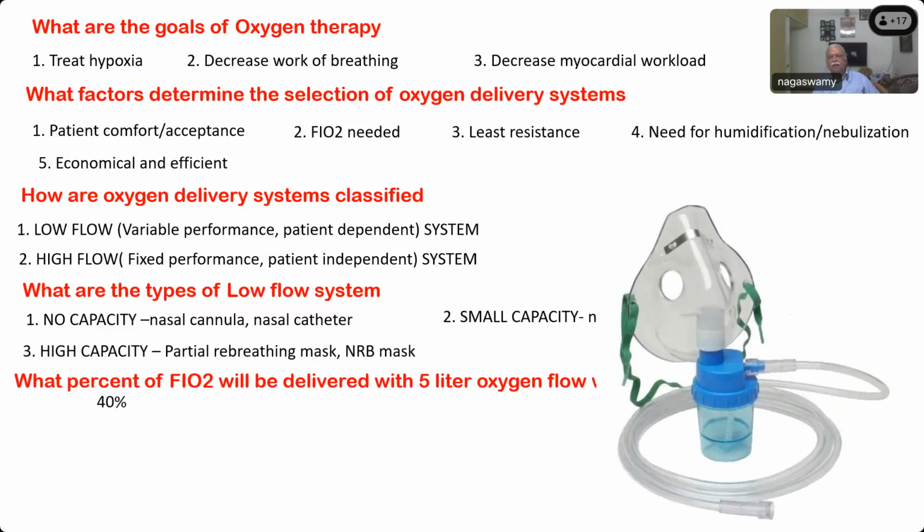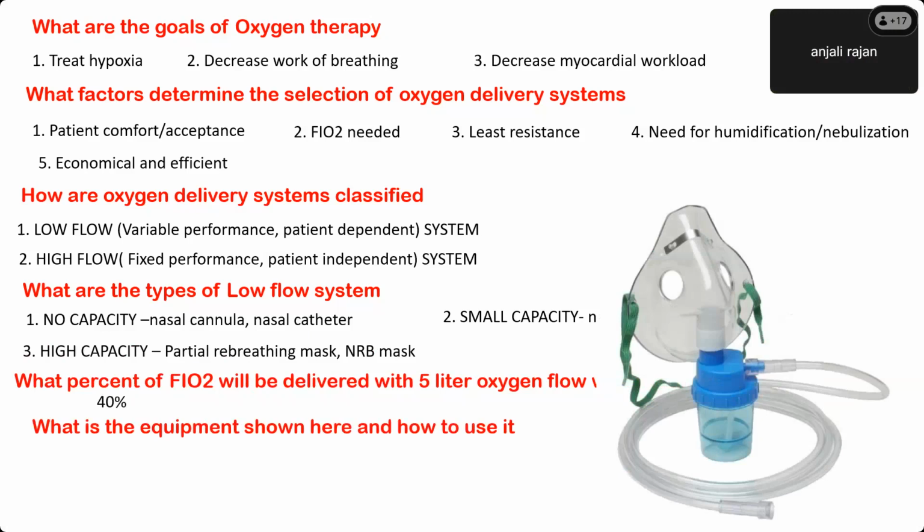What is this apparatus seen here? Nasal mask? Nebulizing chamber? This is a mask portion. There is some bottle here, then there is a tube here. What do you call that? It's called the aerosol mask.